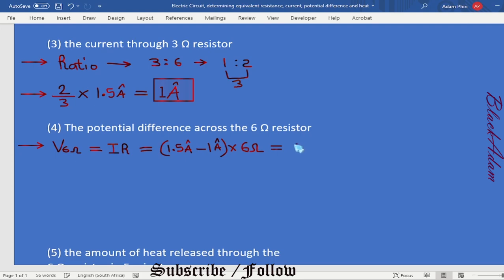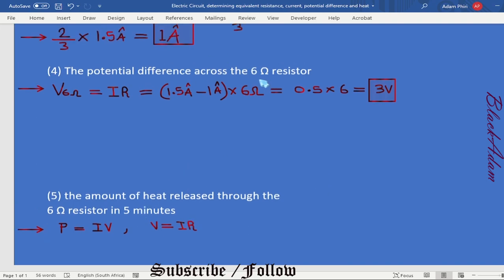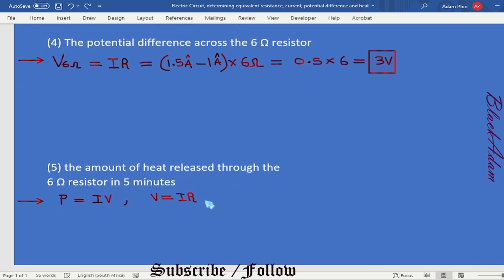And then the other thing we look at: 1.5 minus 1 is 0.5, multiplied by 6 gives us 3 volts. So the potential difference on the 6 ohm resistance is 3 volts. And then power is I times V, and V is I times R, that is Ohm's law. So we're looking at the 6 ohm.